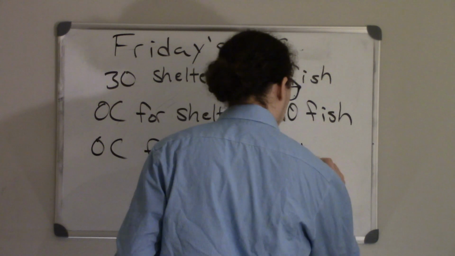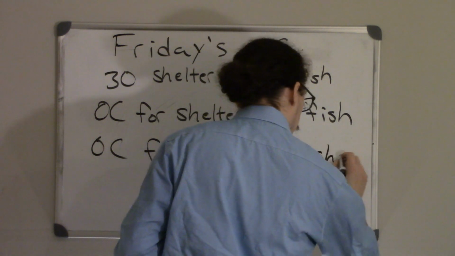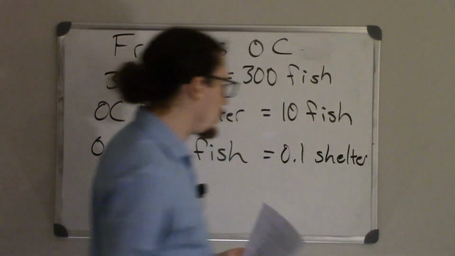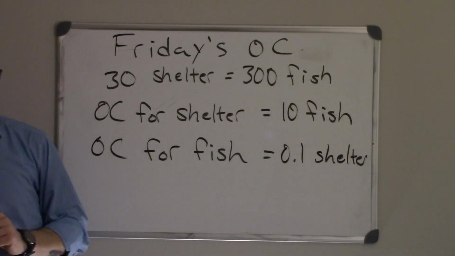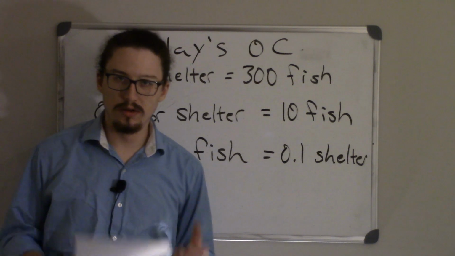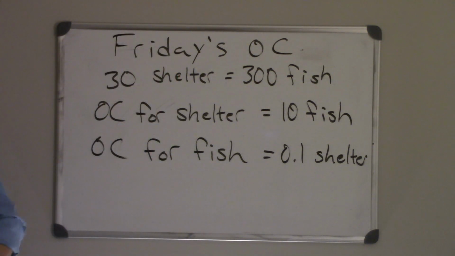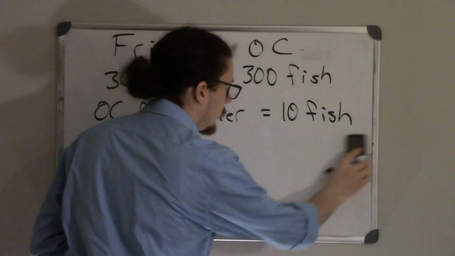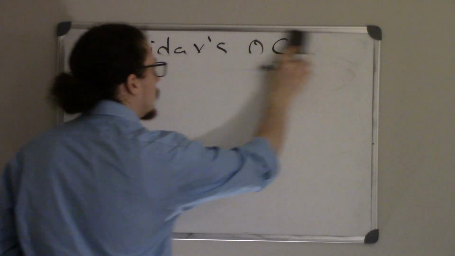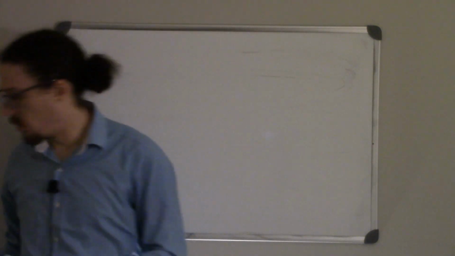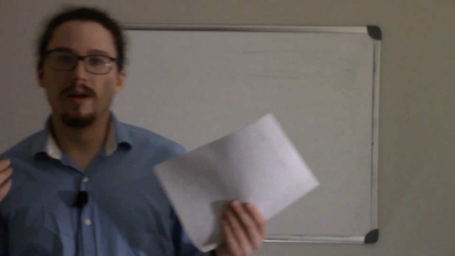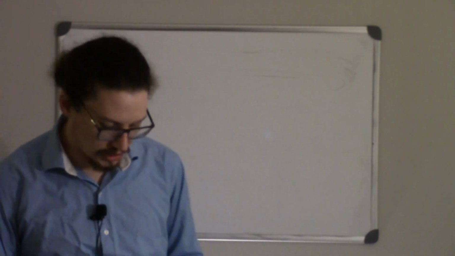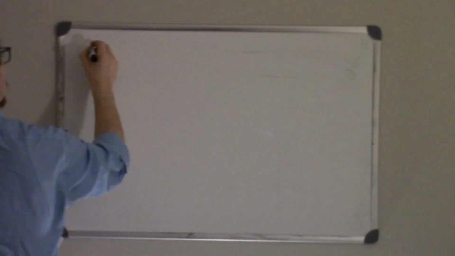So 30 divided by 300 is going to give us 0.1 shelter. So that's Friday's opportunity cost for fish. And just to rephrase that, in the time it takes Friday to catch one fish, they could have built 1/10 of a unit of shelter.